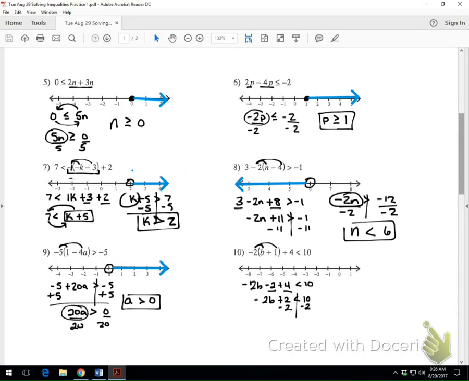Subtract 2 from each side. So I get negative 2b is less than 8. Divide by negative 2. So then you get b and negative 4. Now was the number in front of b negative? So you flip your sign. Open and shade to the right. Pretty simple.